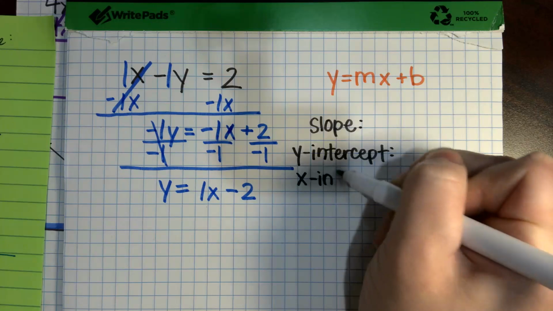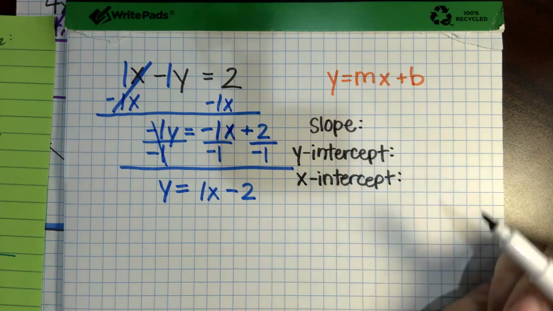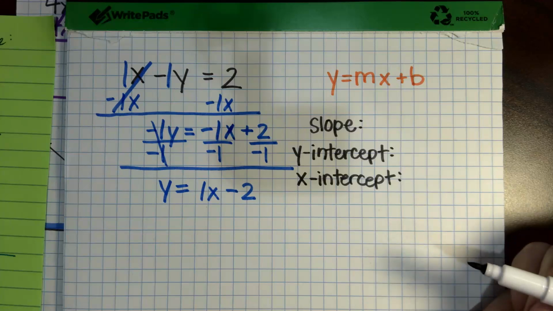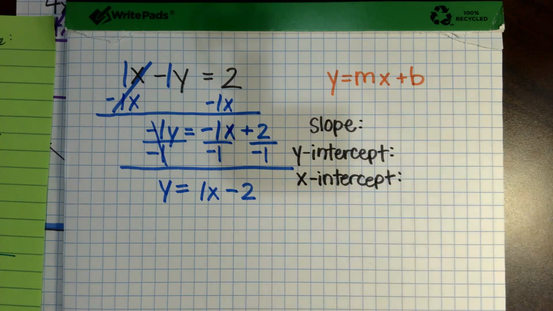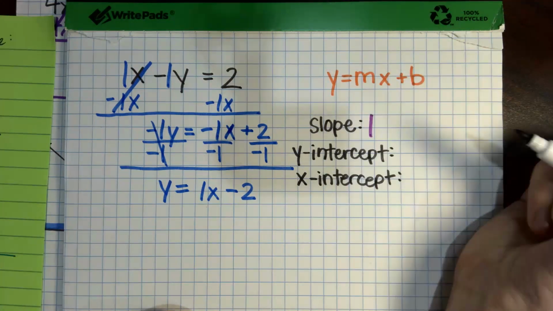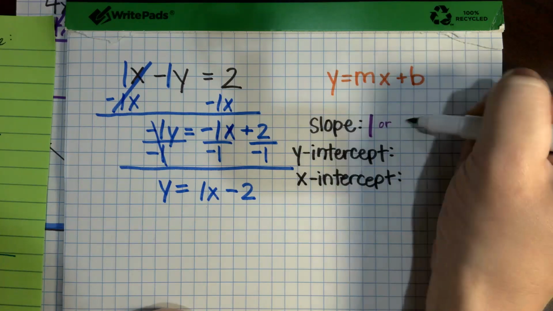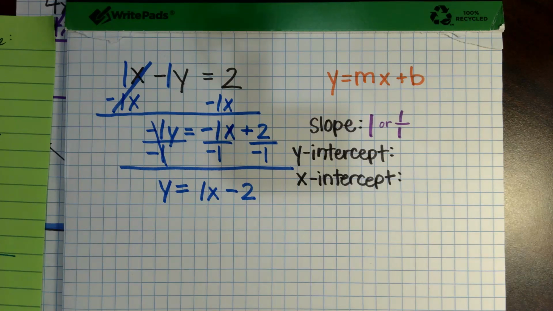And just for fun, we'll find the x-intercept on this one just because that might be something you need later. What's our slope? 1, or you could say 1 over 1. Either one is correct. I'm going to write 1, or 1 over 1 if you want to have it in that rise over run form.